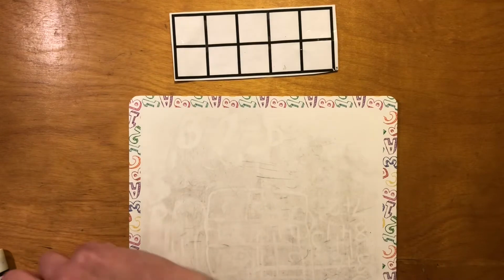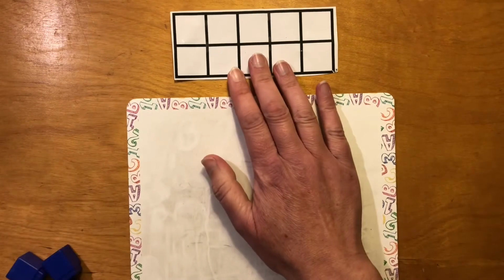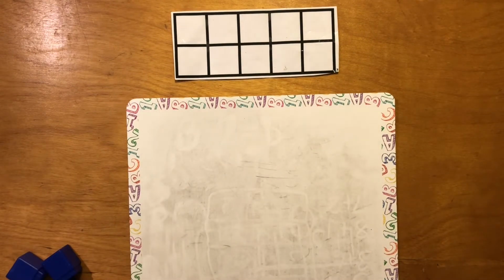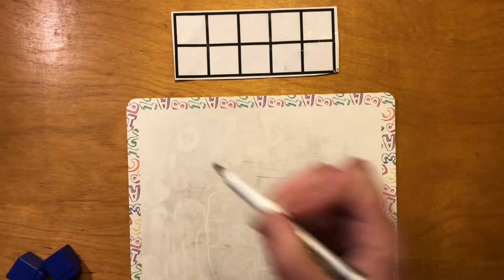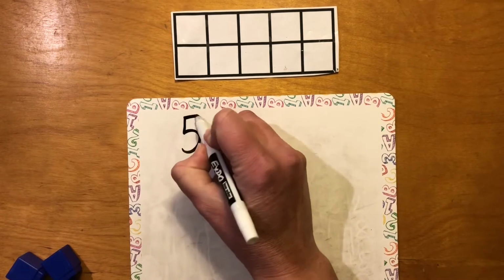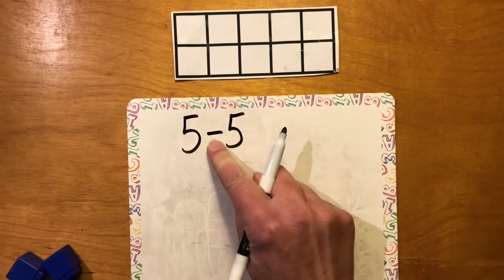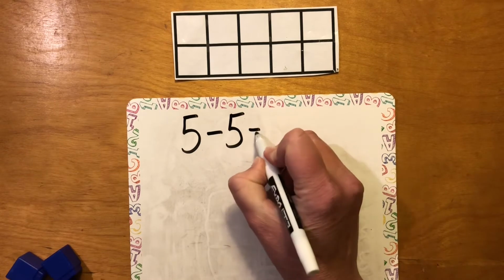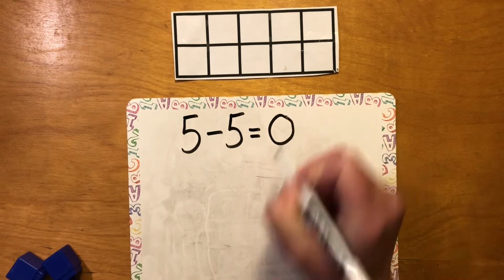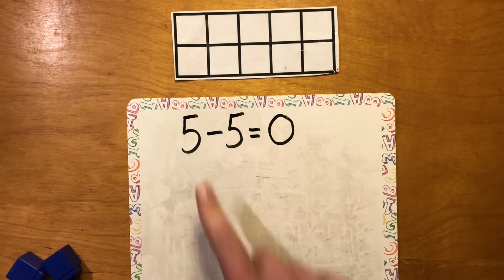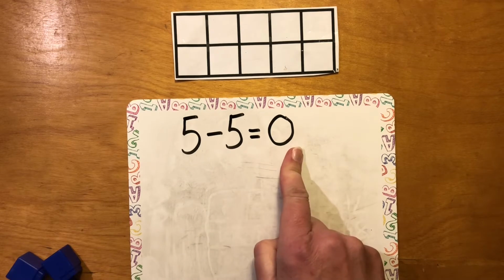I built 5, and then I removed 5. What's the difference? Or how many are left? 0, nothing. We built 5. Then we removed 5, we took away 5, now we have 0. 5 minus 5 equals 0.